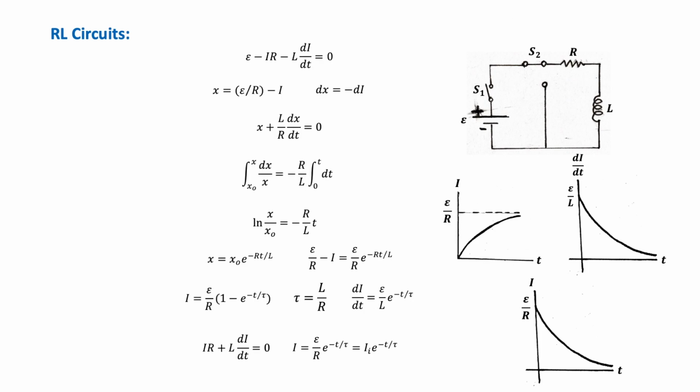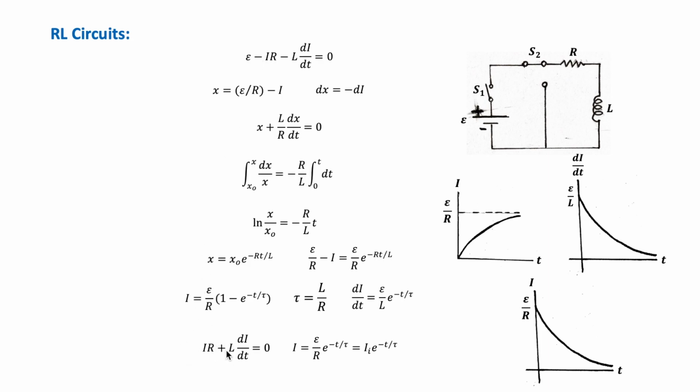So now suppose after the circuit has reached its equilibrium current value of E over R, that the switch S2 is closed to this position, okay? Then the battery will be out of the circuit and E will be equal to 0. And we have now this equation.